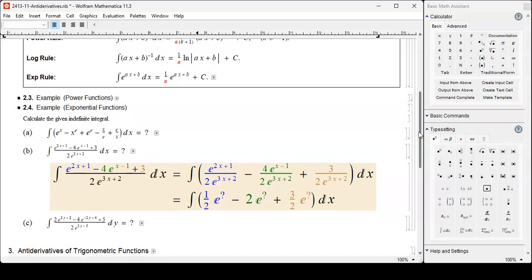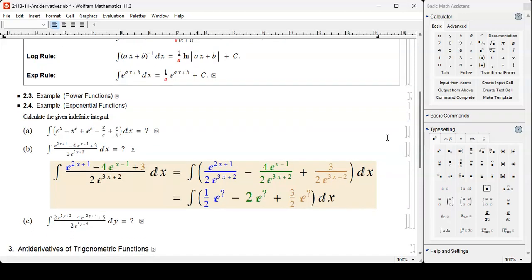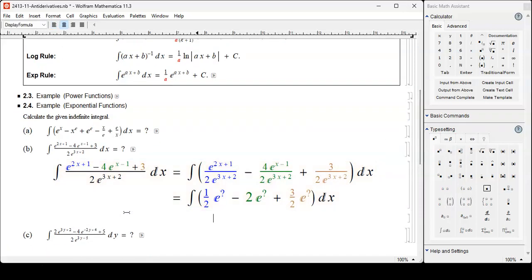Would you like to stop the playback and figure those out? You'll have to do this. A to the m power divided by a to the n power is a to the m minus n power. Remember this? The exponent rule. You can use this.